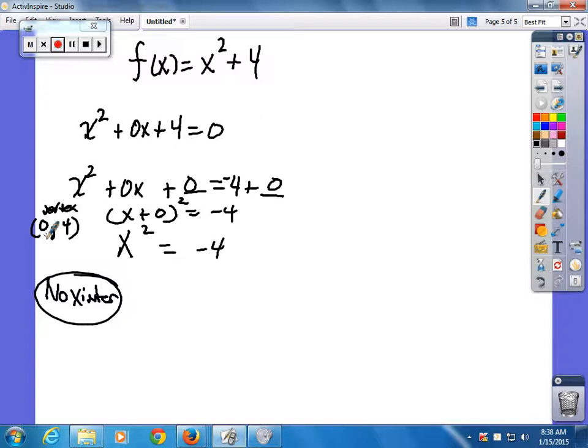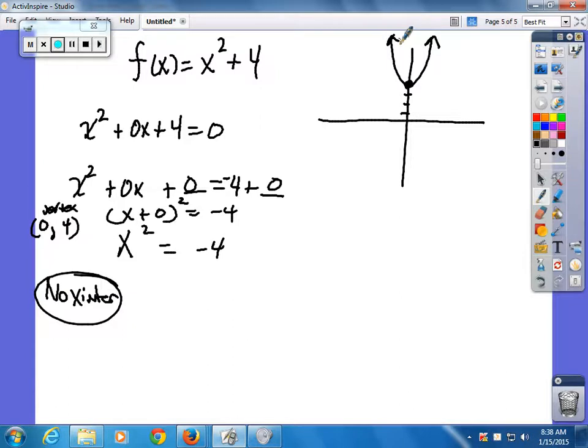So that's our vertex and our y-intercept, so it looks something like this. All right, so there's our function. And yes, you should be able to do all of this.